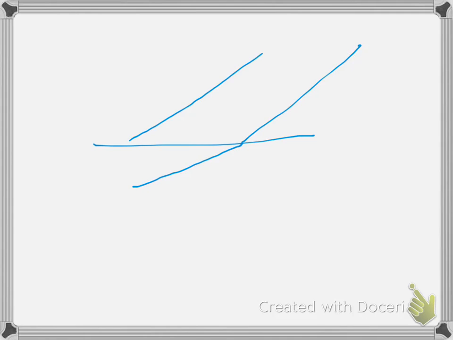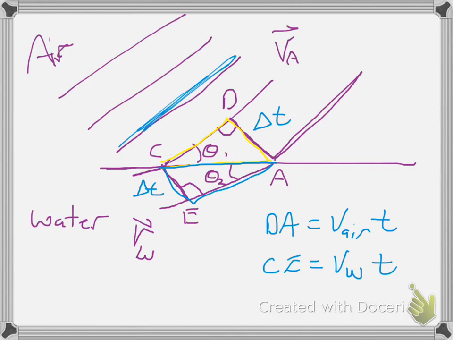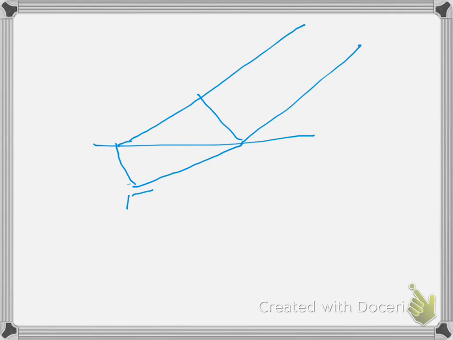Just a quick drawing. We've got one wave coming in like this, and the other wave coming along like that. To get our drawing back in perspective, we had E, C, D, A. We know that this is theta incident, and this is theta refracted.